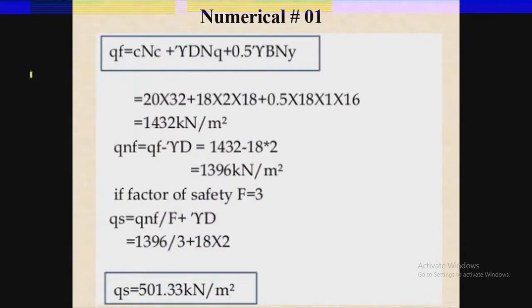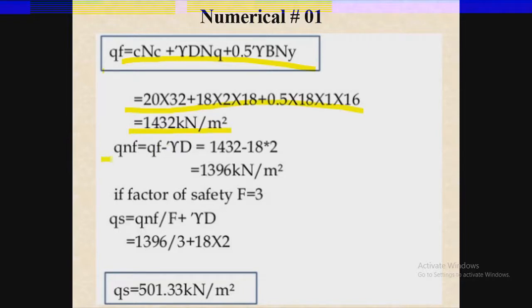For the ultimate bearing capacity, we can use this equation: C Nc plus gamma D Nq plus 0.5 gamma B N gamma. So the value of C is 20, Nc is 32, gamma is 18, depth of foundation is 2, Nq is 18, 0.5, gamma is 18, B is 1, and N gamma is 16. Solving this equation, the ultimate bearing capacity is 1432 kN/m².